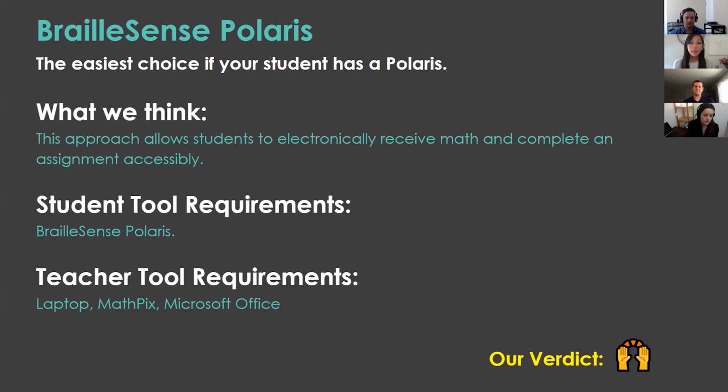So basically, this option allows the student to receive math and complete an assignment accessibly and very easily, all within the Polaris unit. All the student needs is a Braille Sense Polaris, and the teacher would just need a laptop, MathPix, and Microsoft Office. A lot of teachers already have a laptop and Microsoft Office, and this is where we are introducing the MathPix tool.